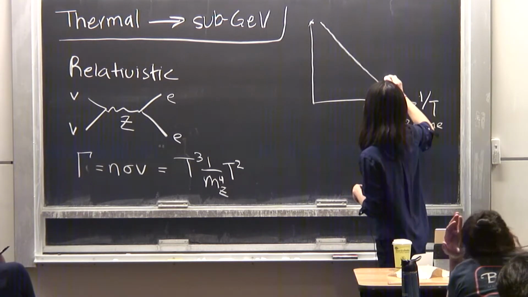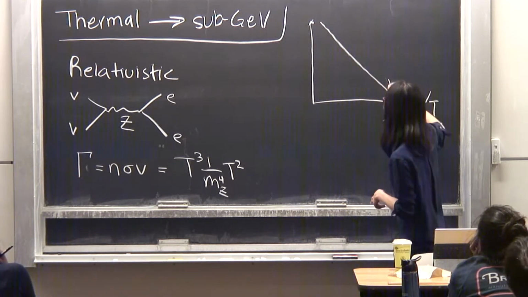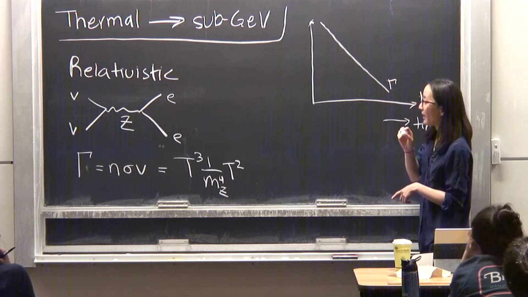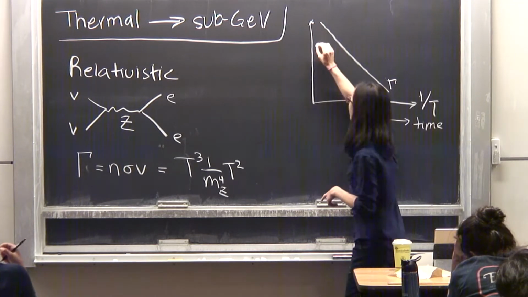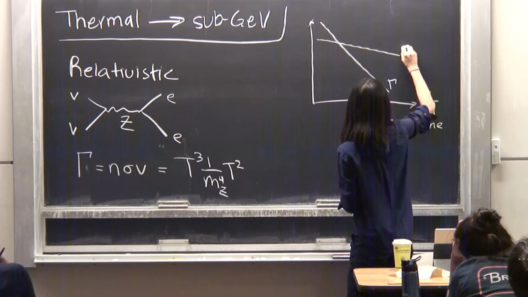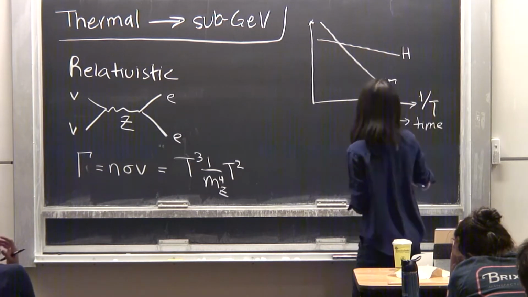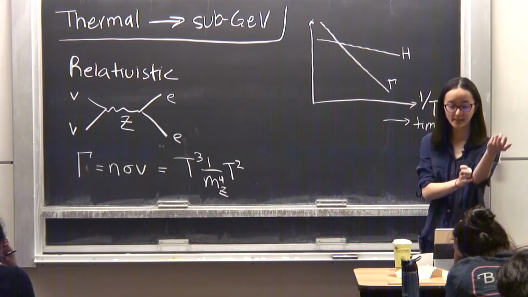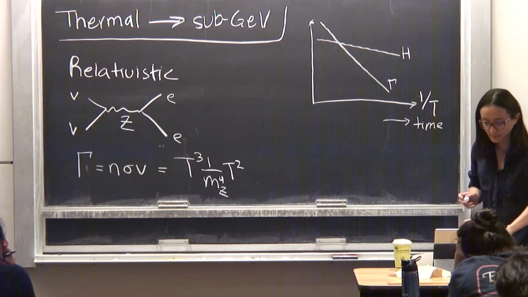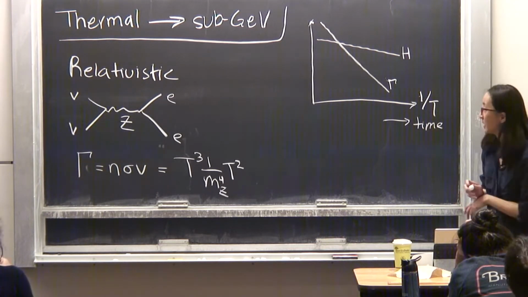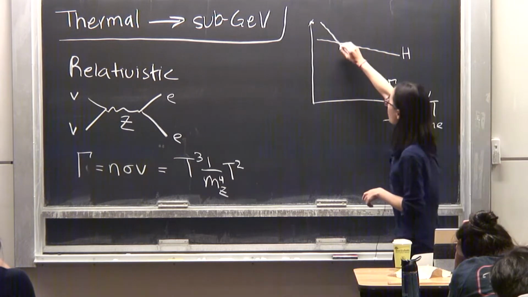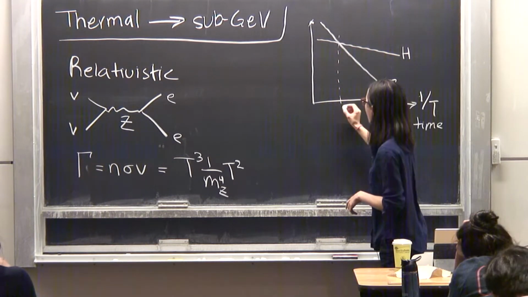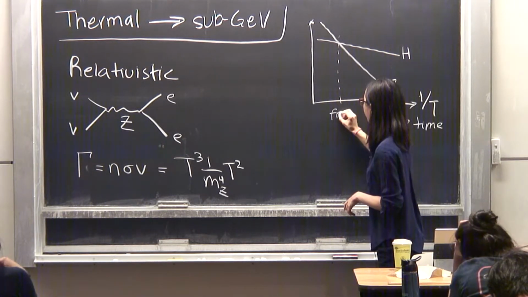So here it is, I'll just draw it like this. This is gamma, while the Hubble expansion goes as T squared. So it doesn't drop as fast with time. And this is what we usually identify as decoupling or freeze-out.